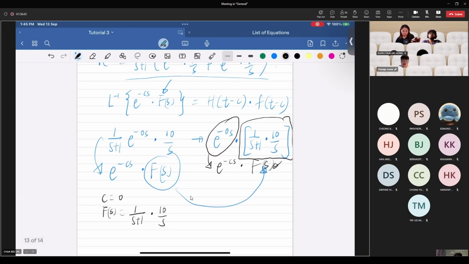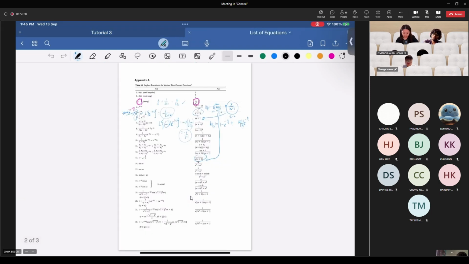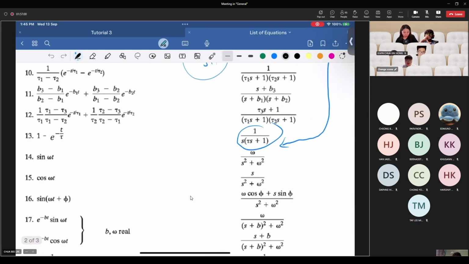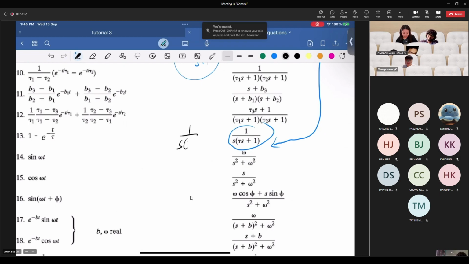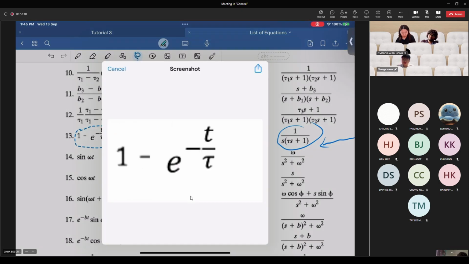So if you rearrange nicely, you have 10 times 1 over s multiplied with 1 over (s+1), which is exactly your term 13. So when you look at the term 13, it is 1 over s(tau s + 1). So you will get this one, term 13, as your conversion.